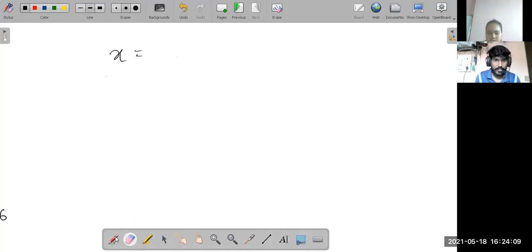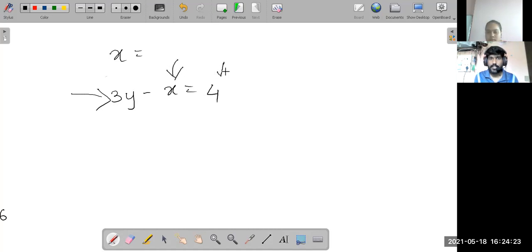Looking at the equation, you will be able to identify. 3y minus x is equal to 4. Okay, now here there is 3, and x is here, and here you have 4. So if you take this minus x to the other side, you will have 3y is equal to 4 plus x. Okay, is it clear up to here what I did?